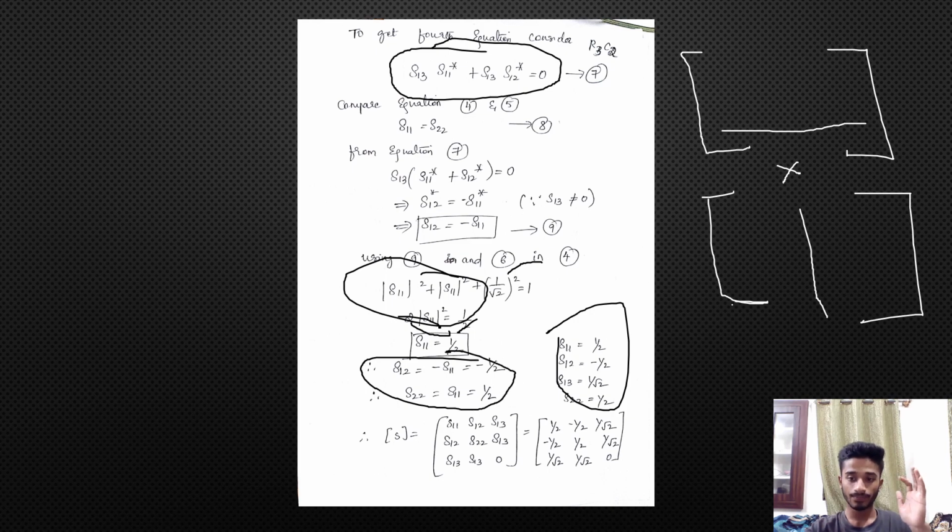All the values we have obtained in the above equations, we have to put in the matrix we took in the beginning. When we put them in the matrix, this is how the matrix looks. Moving on to our next slide.